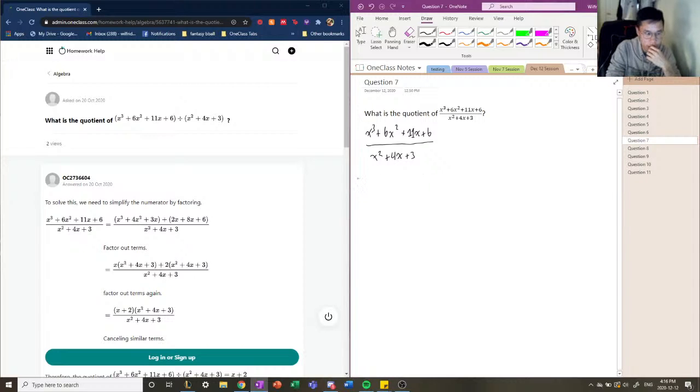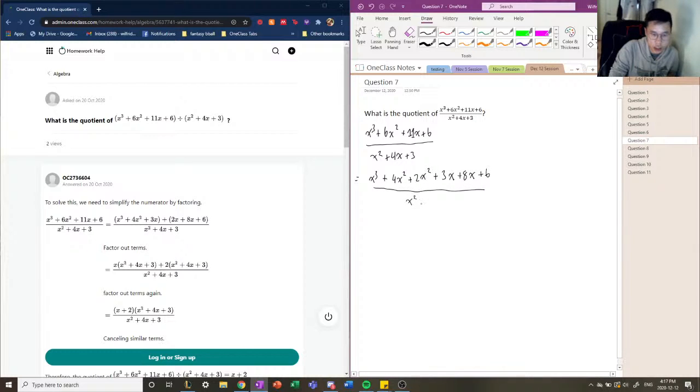I'm going to rewrite our 6x squared and 11x in a different manner, okay? So I'm going to write it out as x cubed plus 4x squared plus 2x squared plus 3x plus 8x plus 6, okay? And we still have our denominator here, x squared plus 4x plus 3.